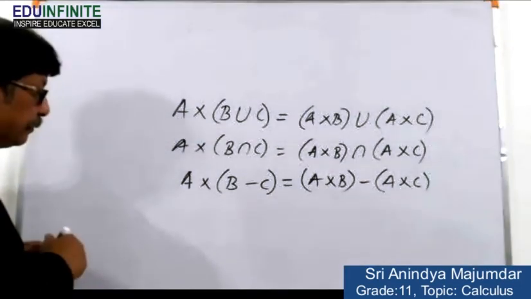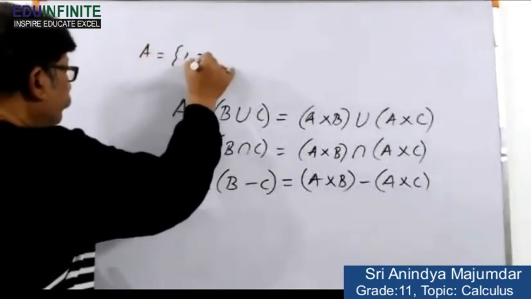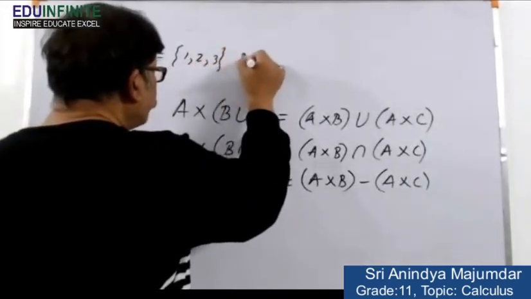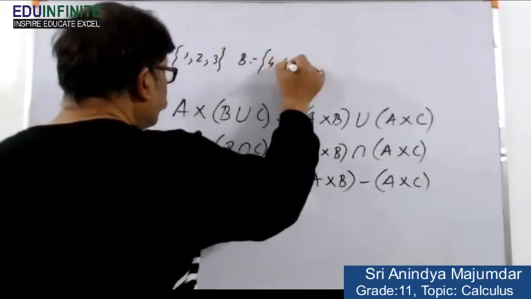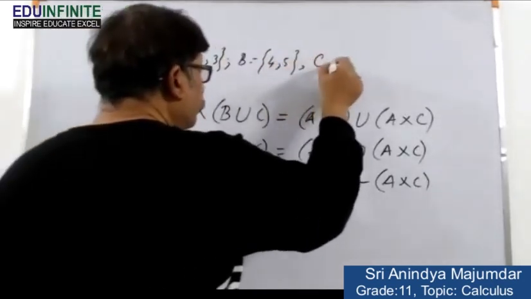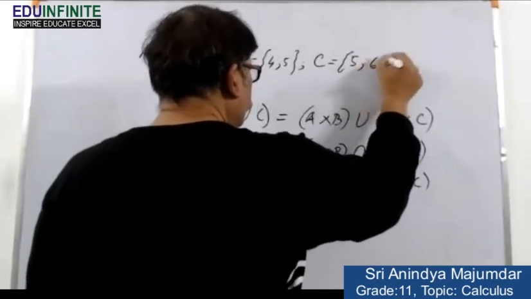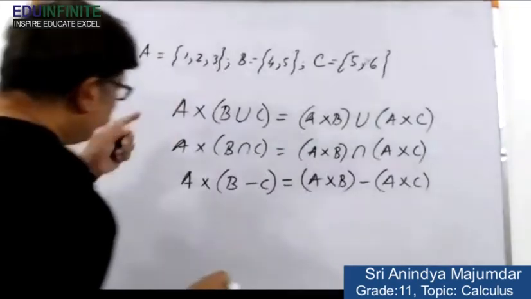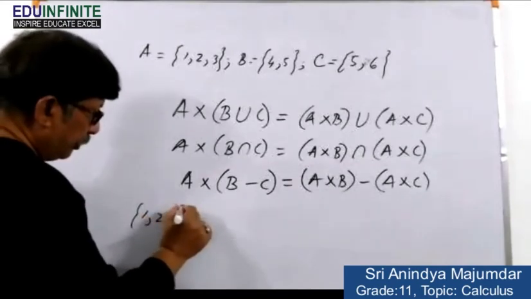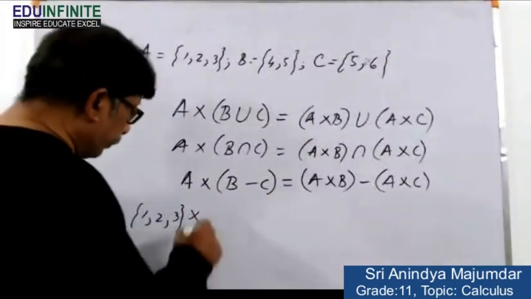So let us try. First, the left-hand side of this sum, A cross, that means 1, 2, 3, cross B union C, 4, 5, 6.